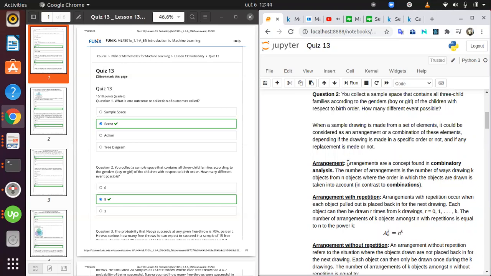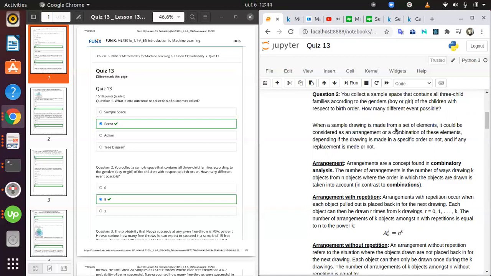Secondly, you have to ask yourself if there is repetition or not. So it's without repetition?